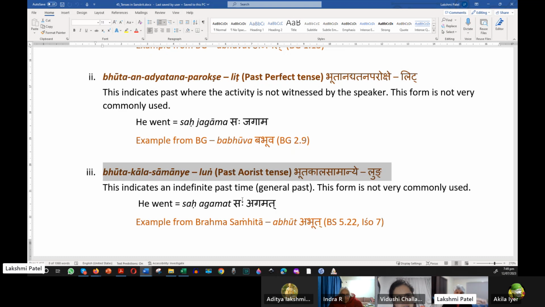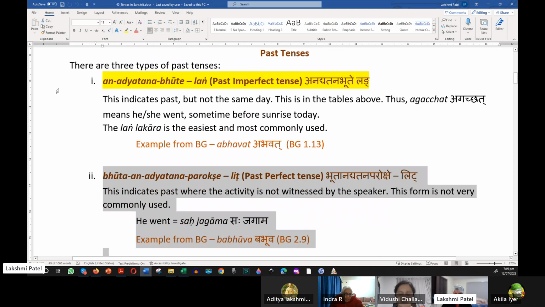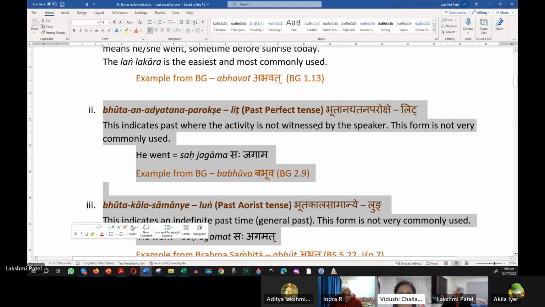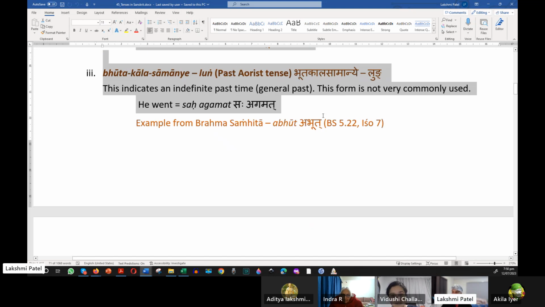It may be witnessed or may not have been witnessed. Okay. So, like I said, these two are very rarely used. When it comes to common usage, we tend to go with the Anadyatana bhuta. The reason we need to know this is because it's going to appear in our scriptures. Make sense? Yeah. So like once upon a time there was, yeah. Exactly.